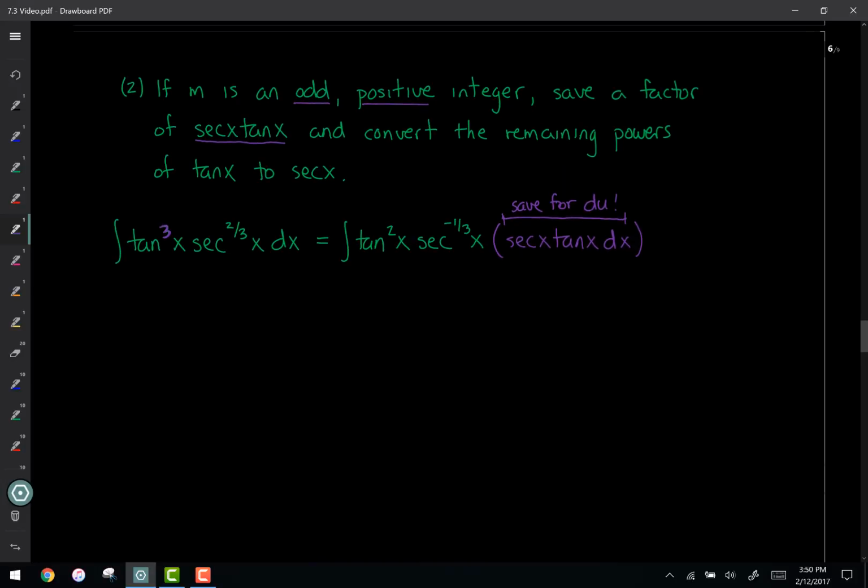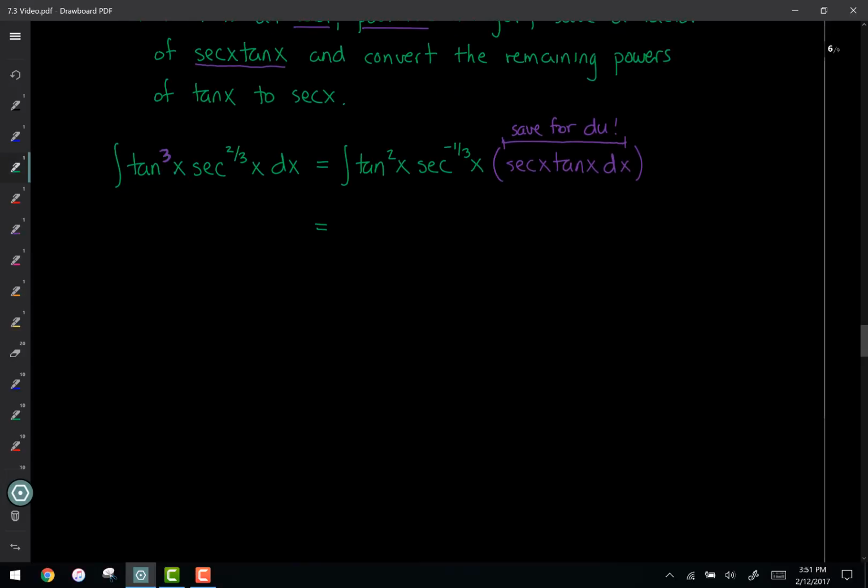Okay. Now it says if m is an odd positive integer, which we had 3, save a factor of secant x tangent x, ding, and convert the remaining powers of tangent, so we have this tangent squared, into secant. So we need to rewrite tangent squared x. So tangent squared in terms of secant is secant squared x minus 1 times our secant to the negative 1/3 x times the stuff that we're saving.